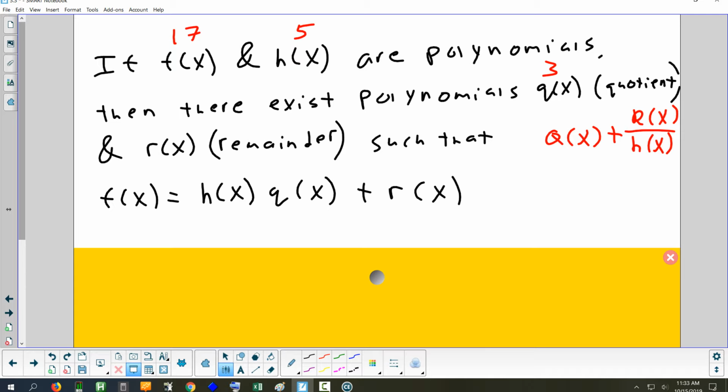And what's the remainder? 2. So let's try this formula. We just did 17 divided by 5. So 17 equals 5 times the quotient plus the remainder. Does 5 times 3 plus 2 give me 17? Yeah. So I'm just showing you how it works with actual numbers.